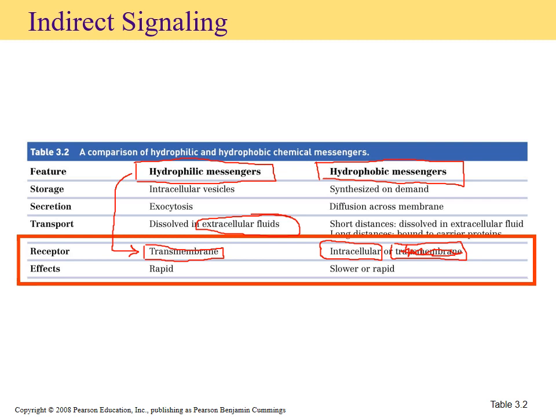On the other hand, and I don't think I'd mentioned this to you before, any messenger that's able to bind through the transmembrane program will often have a very rapid response. That's because they're able to initiate a cascading pathway that will involve a lot more secondary messengers, thereby amplifying their response very quickly. They do not need to initiate a genomic change, unlike what we see with the intracellular receptors.